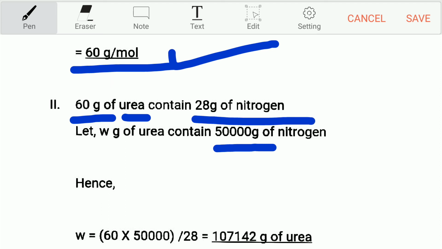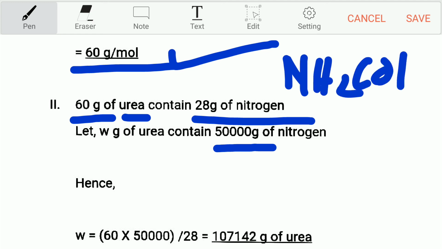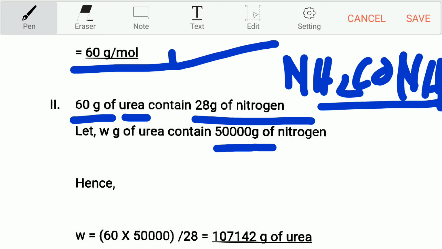The formula of urea is NH2CONH2, so there are 2 nitrogen atoms. So 60 gram of urea contain 28 gram of nitrogen. Therefore W gram of urea contain 50,000 gram of nitrogen. So we need to calculate value of W.